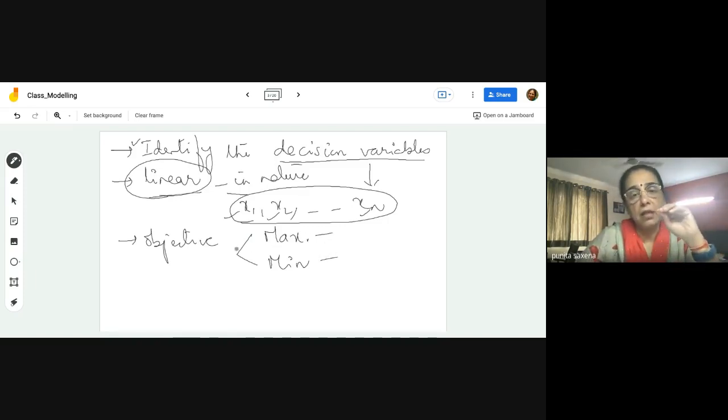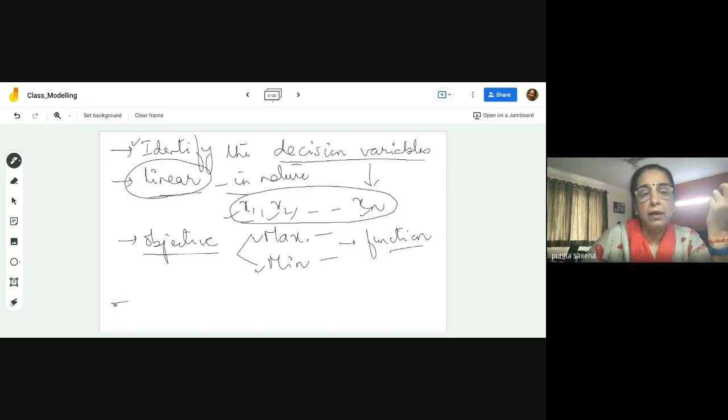Then we identify the function that needs to be maximized or minimized, or in other words, the function that needs to be optimized.